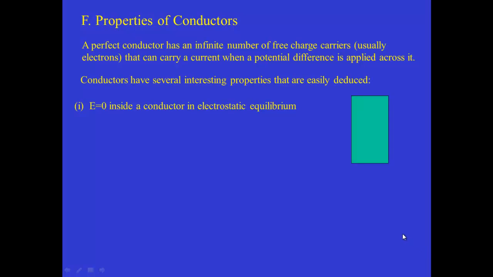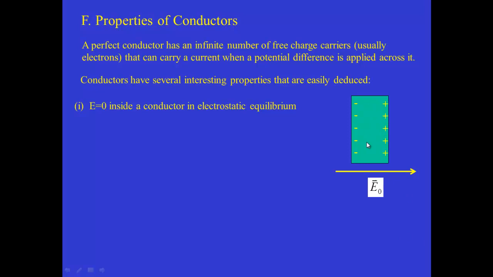Well, imagine a piece of conductor to which we apply an electric field, perhaps by attaching opposite ends of it to a battery. So there's an electric field E0 applied as shown. What happens in response to that is that the free charge carriers, the electrons, move opposite to the electric field direction because they have negative charge, leaving behind a net positive charge on the other side of the conductor.